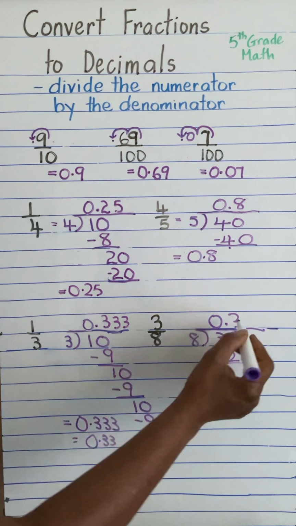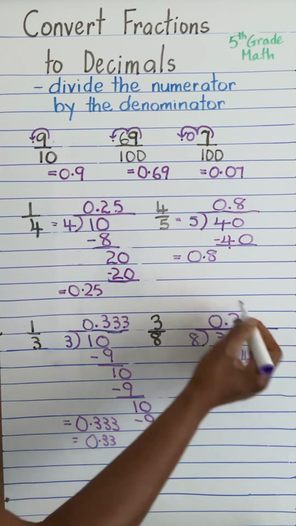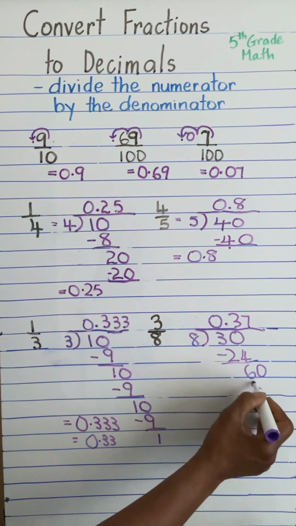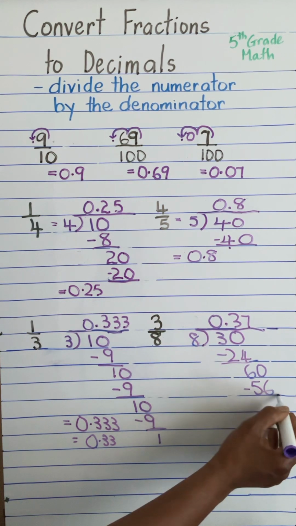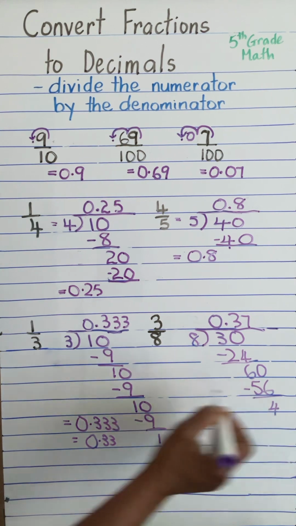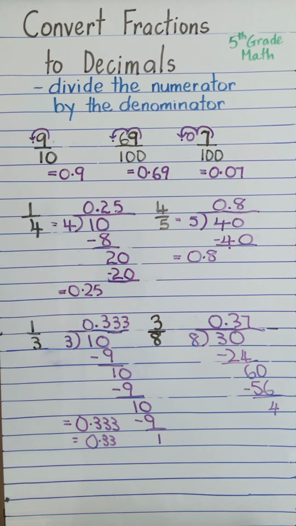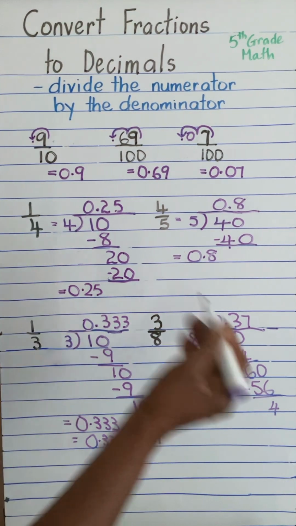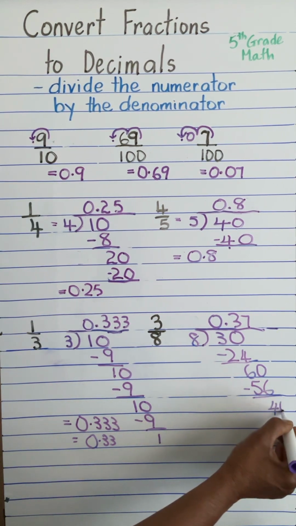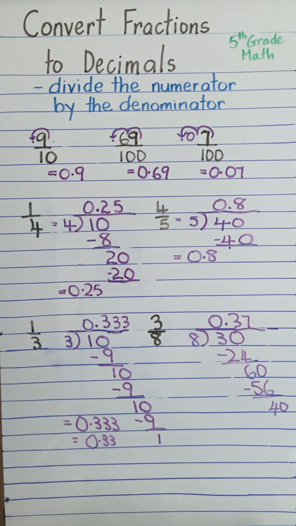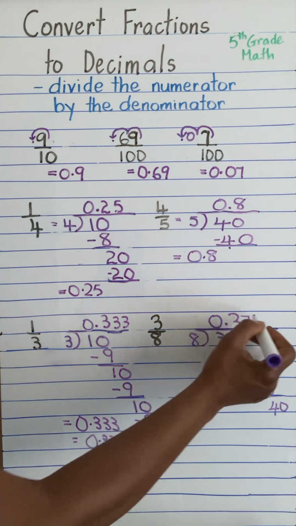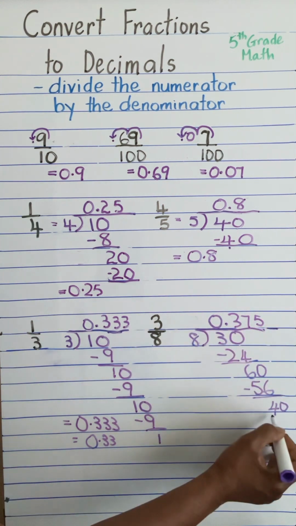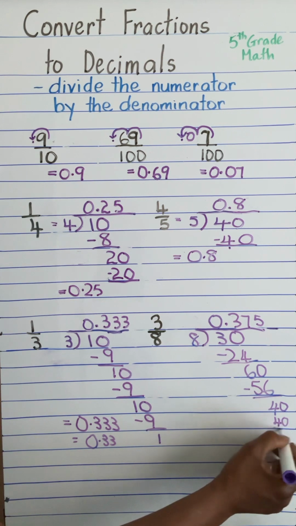It's 7. Multiply, 7 8s, 56. Subtract, we get 4. We continue adding zeros. How many times can 8 go into 40? That is 5 times. 5 times 8, 40.